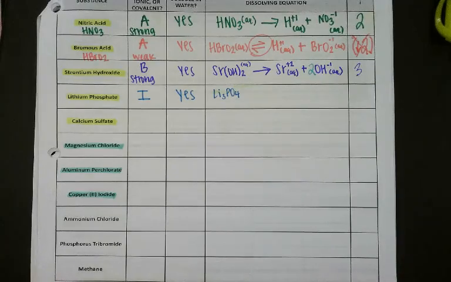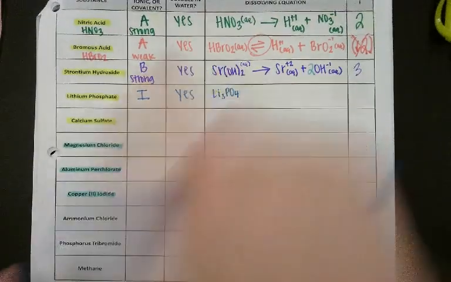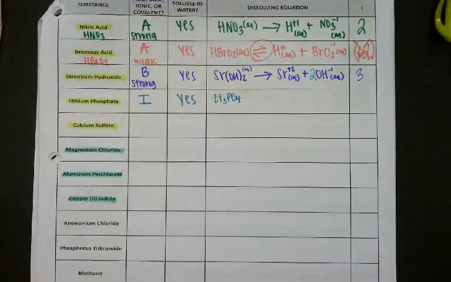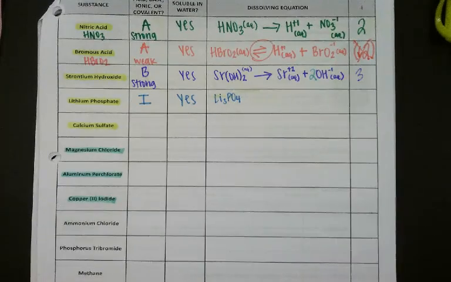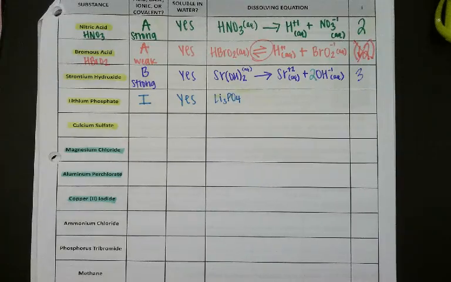It is solid. Now, most of you said aqueous, and let me explain, because I think some of you are confused why it's not aqueous. What we did here when we said soluble in water was just figuring out when I take my compound lithium phosphate and I place it in water, will it dissolve? We said yes. But lithium phosphate is not aqueous, because that means dissolved in water.